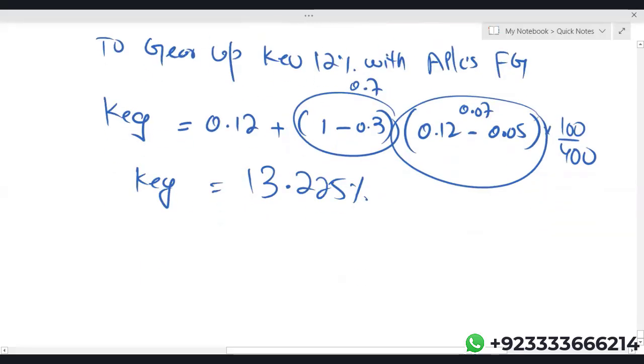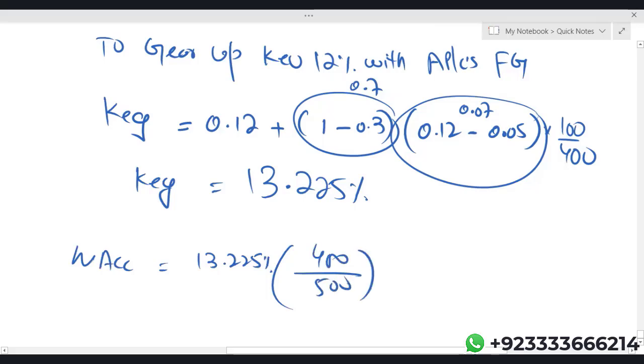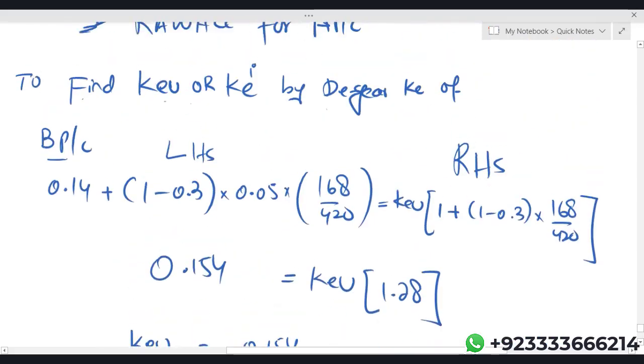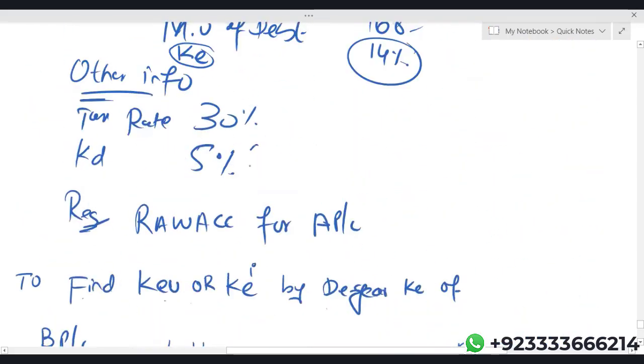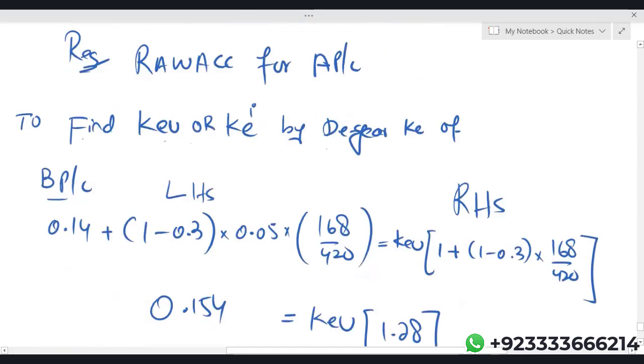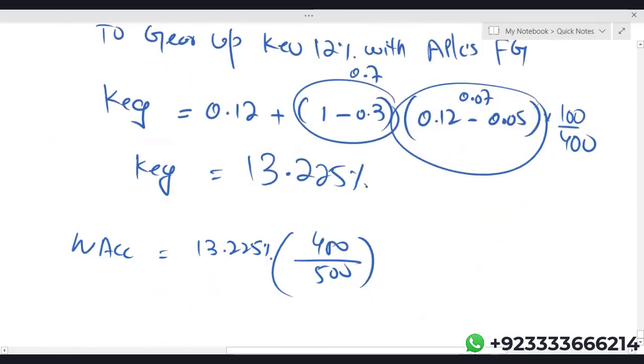Obviously, after that, we can very easily calculate BEP. There will be a risk adjusted BEP. KEG is 13.225, market value of equity 400 divided by 500. KD is 5, so 1 minus tax rate, I'll get 3.5, times 100 upon 500.